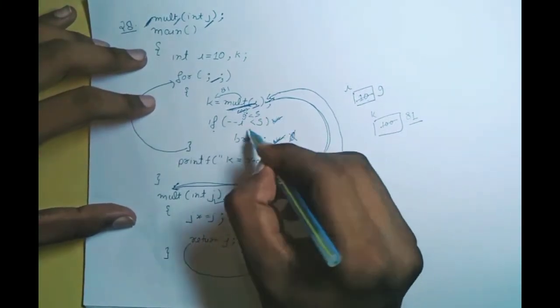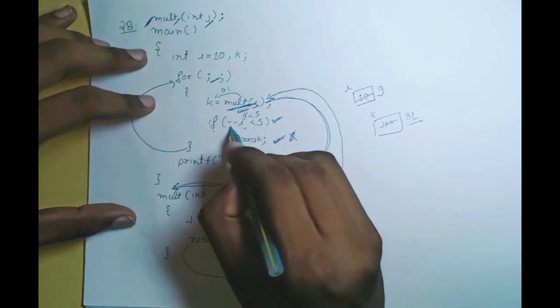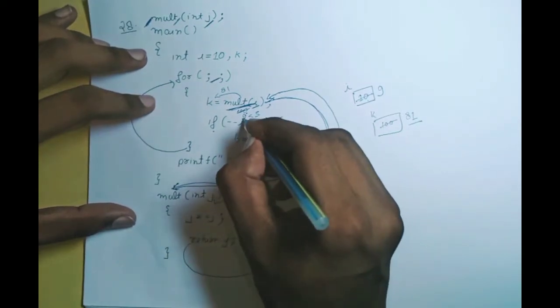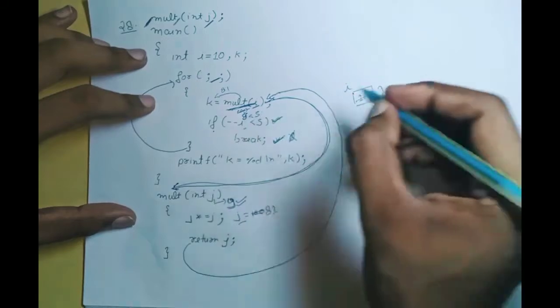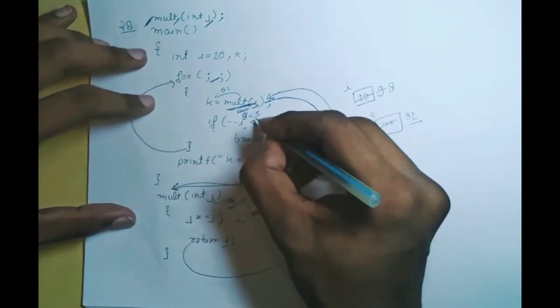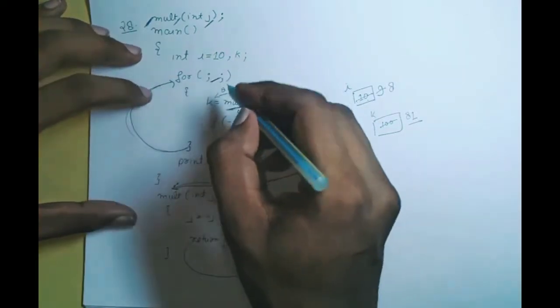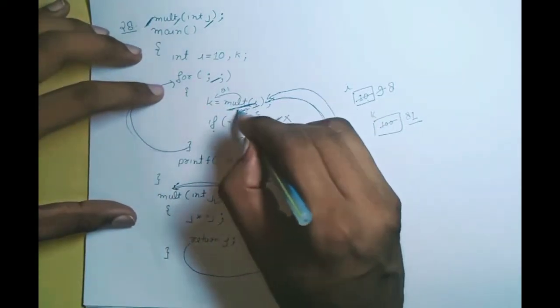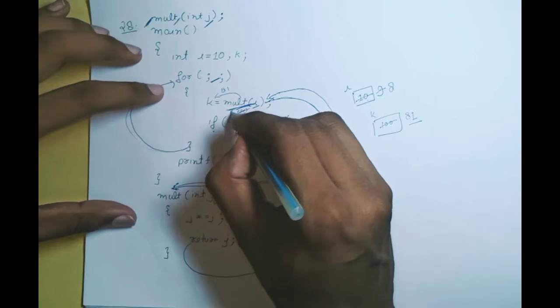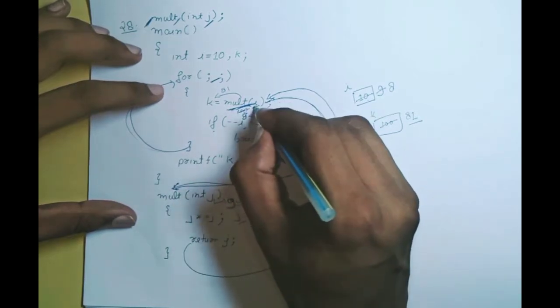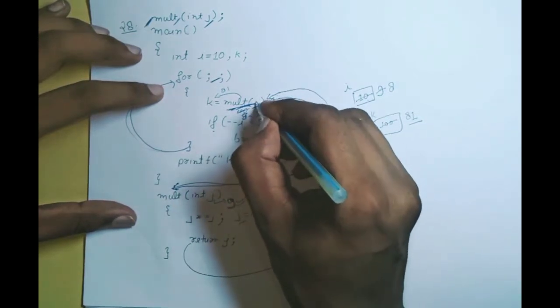Now the control comes to this line, and the value of I is decreased by 1, which means 8 is less than 5. Obviously 8 is not less than 5, this condition is false. The for loop is executed again, and the mult function is called on the variable I, whose value is 8.